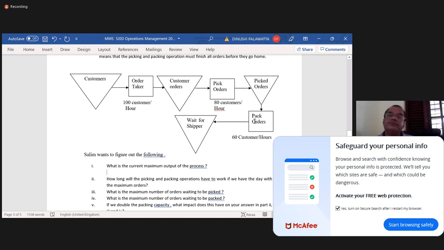And then picked orders per process 60 customers per hour, and there will be 20 customers per hour waiting in front of the packed orders. And then the output will be 60 customers per hour. So the current output will be 60 customers per hour.